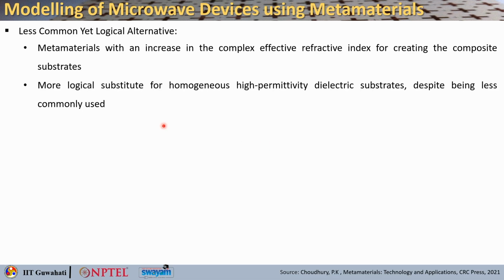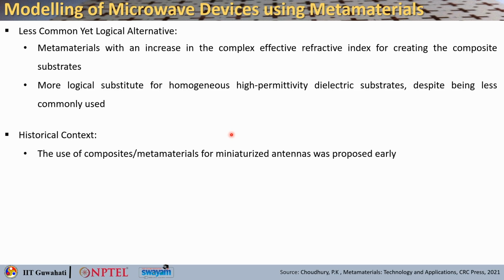Okay. The more logical substitute for a homogeneous high permittivity dielectric substrate, but the less commonly used ones, are basically those where you have a substrate with some sort of high value permittivity inclusions, right.